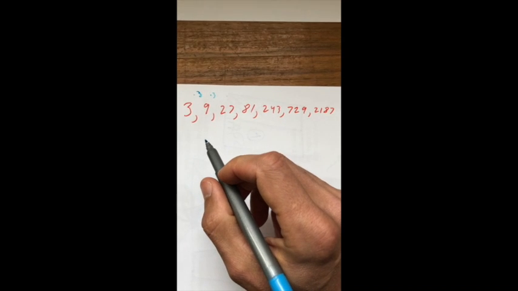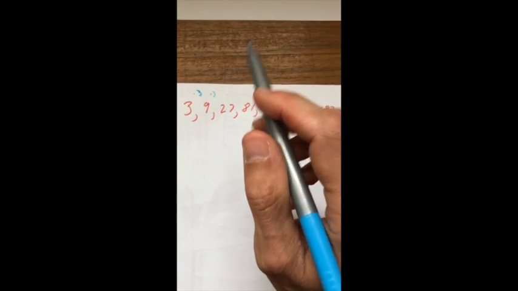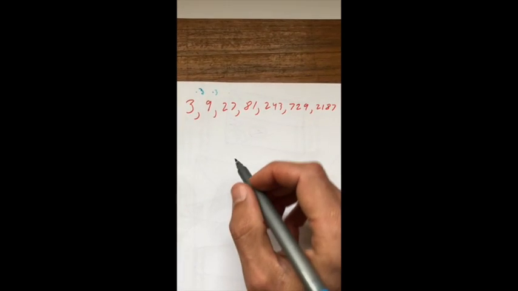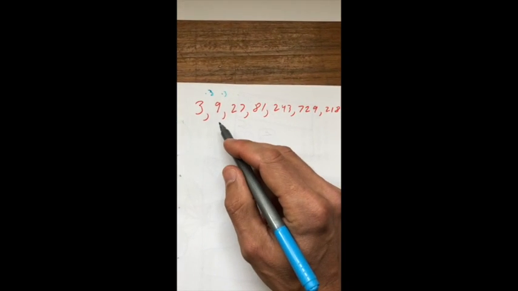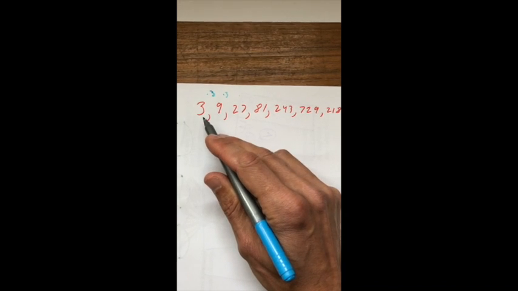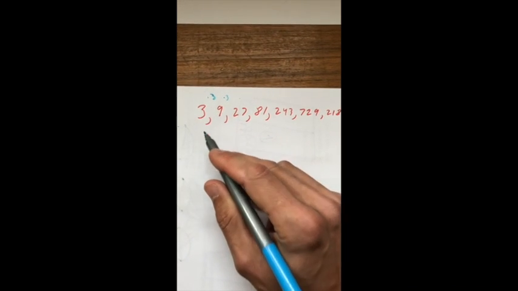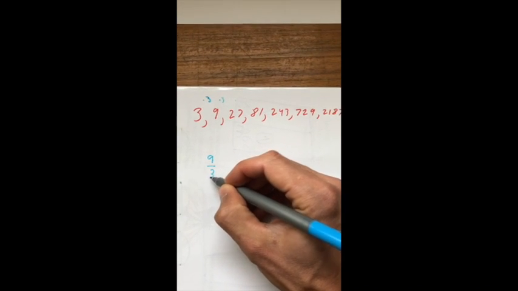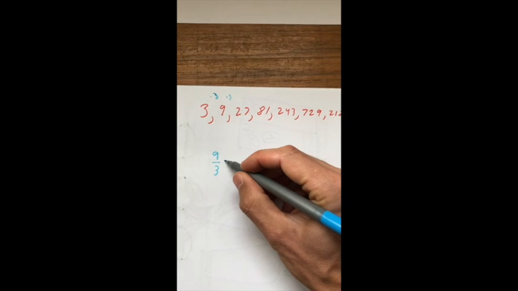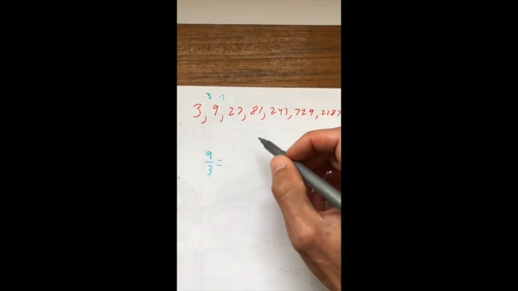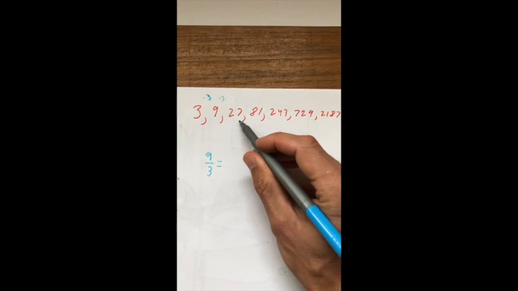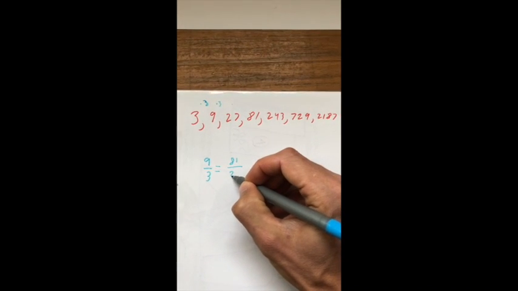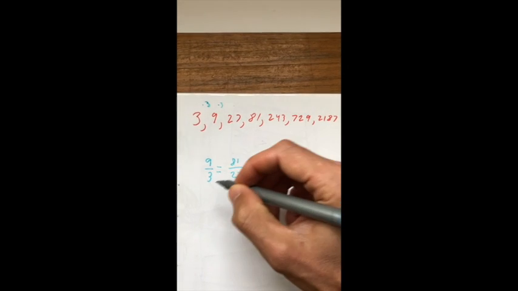So, what does this have to do with central angles and arc lengths? Well, it's all about ratios, people. So if we look at this, the ratio of 9 divided by 3 is going to be the same as the ratio of 81 divided by 27. In this case, they all equal 3.